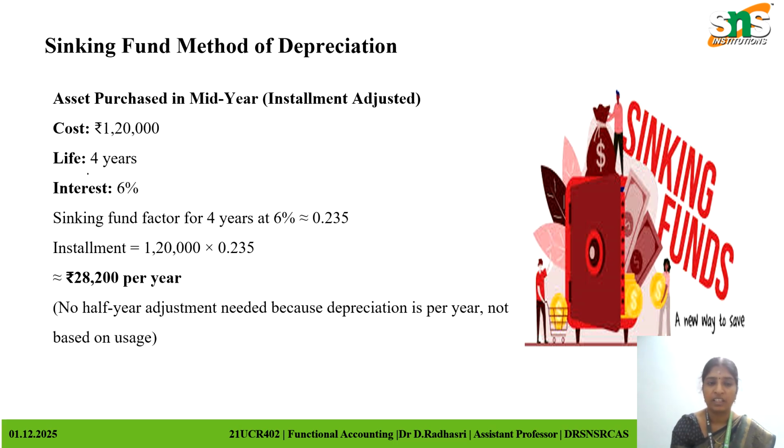It is calculated as 6 percent for the month in which it was purchased. If we purchased in the middle, from January to June, it is calculated as 6 months out of 12 months. In that way, the percentages differ from year to year depending on the month in which the product was purchased and the month in which it is sold. That is the process in the sinking fund method.